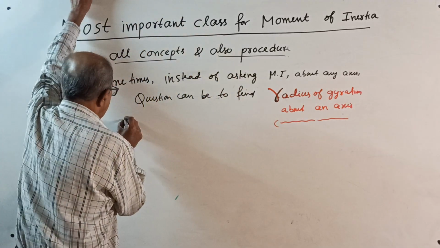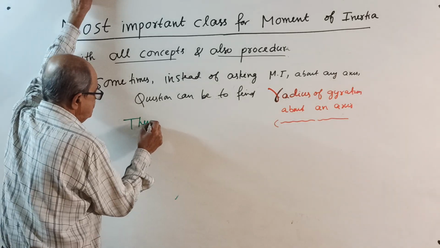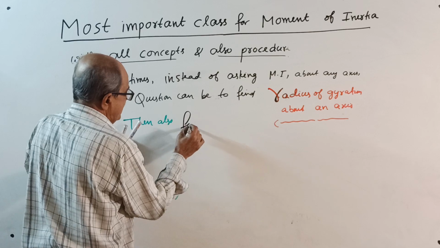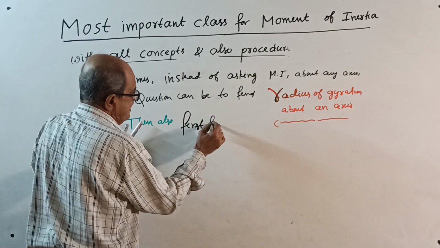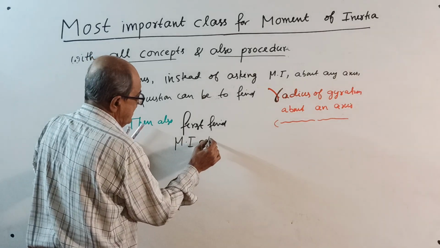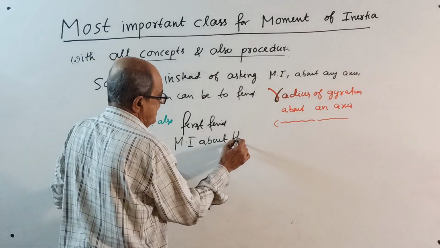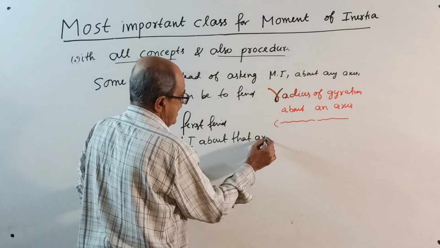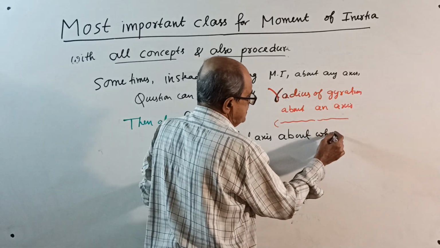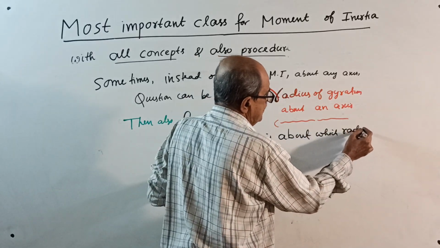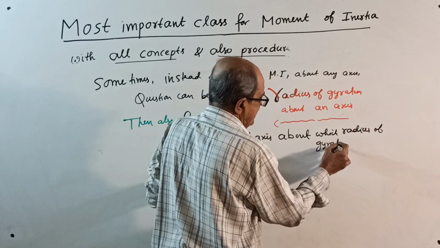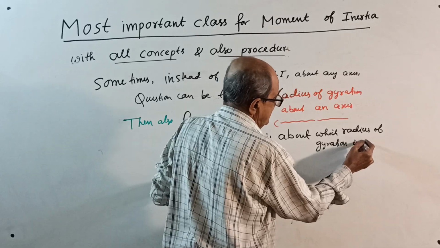Then also, see here, first find moment of inertia about that axis about which radius of gyration is required.